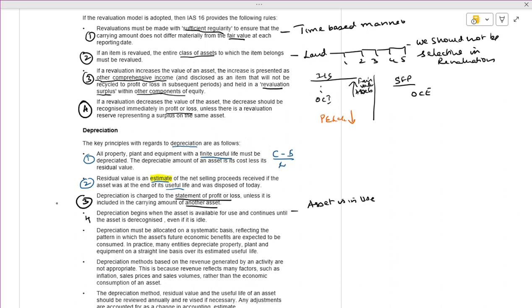If it exists in the statement of financial position, depreciation will be reflected. This is point number 4.